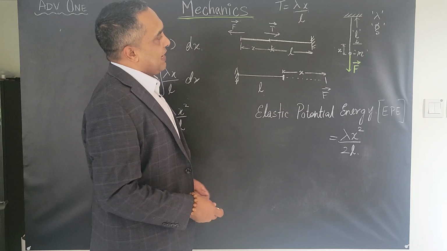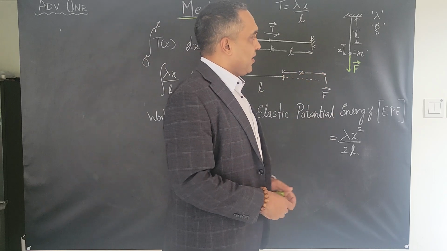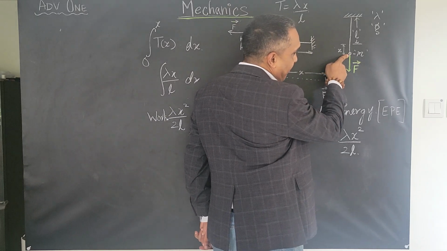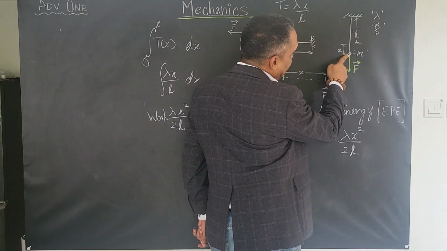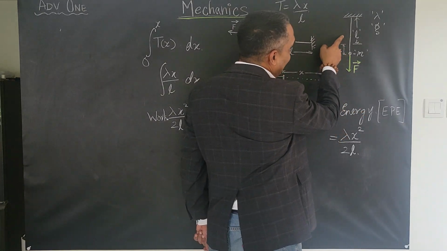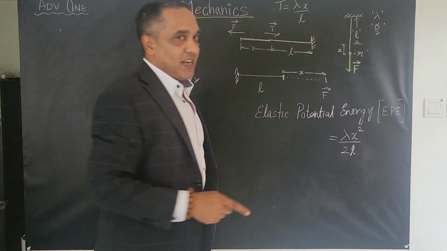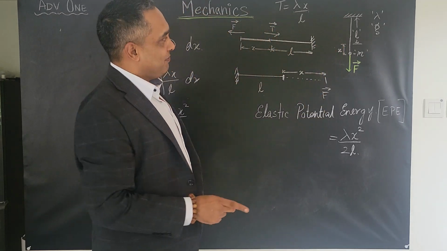In this particular case, even with gravity, I could say that the kinetic energy of this mass, its gravitational potential energy, and the elastic potential energy of the string combined do not change.